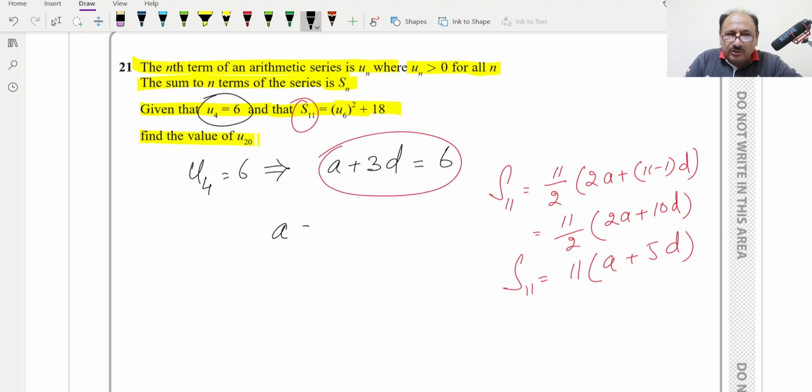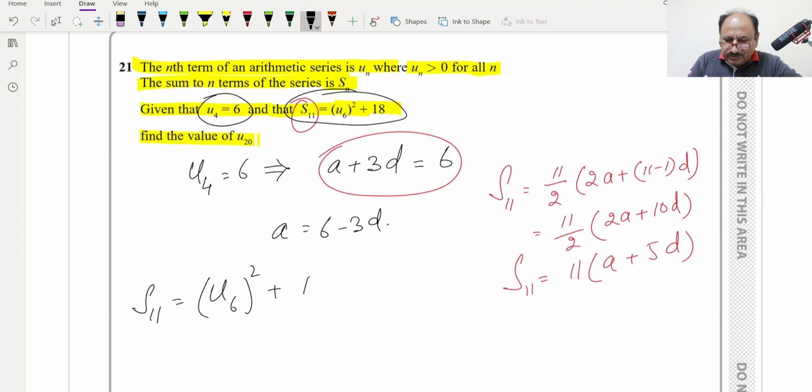a is equal to 6 minus 3d, and we know that S11 is equal to what? This is provided over here: S11 is equal to u6 squared plus 18.